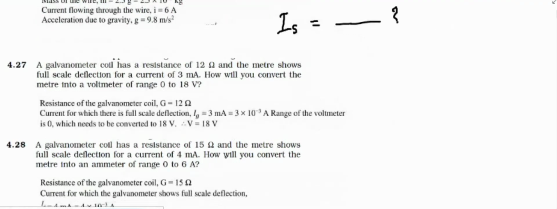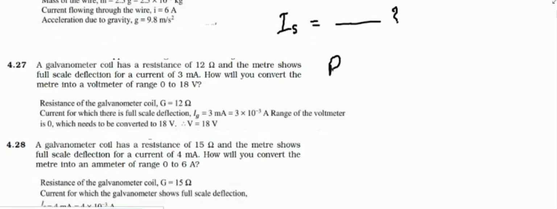Question 27. A galvanometer coil has a resistance 12 ohm and the meter shows full scale deflection 3 milliampere, that is Ig. How will you convert the meter into a voltmeter of range 0 to 18 volts?